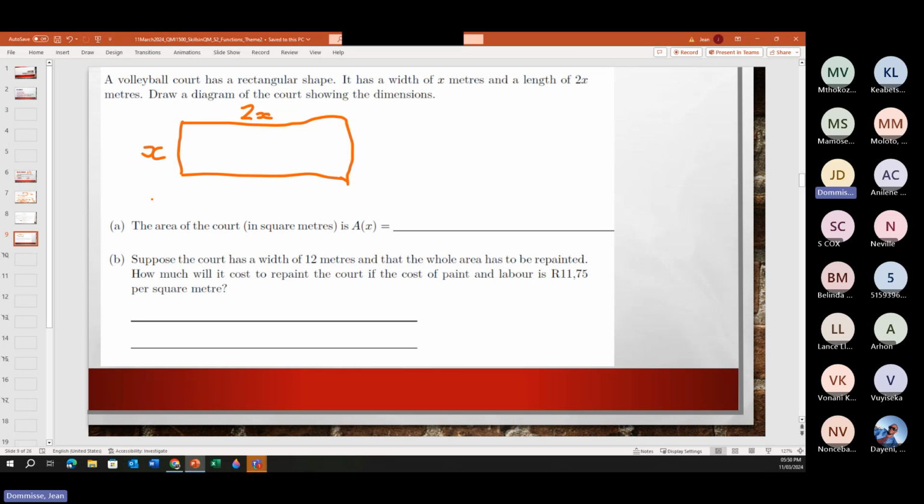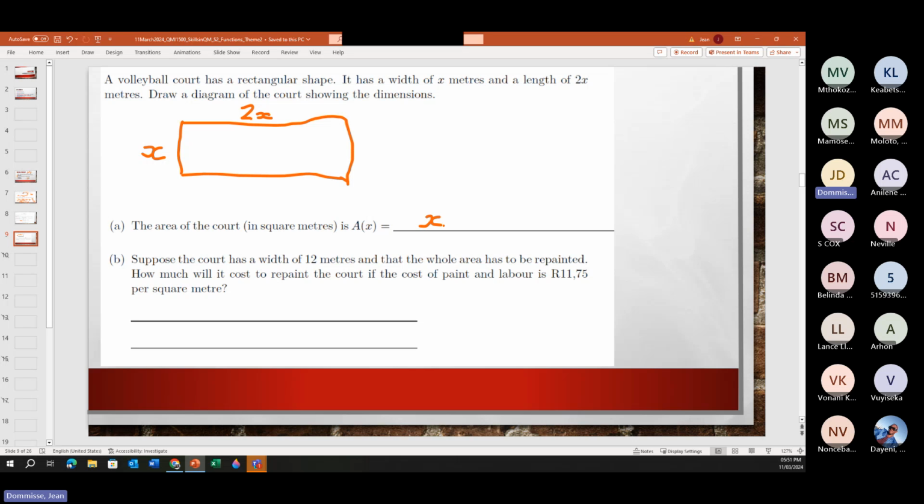In chapter 1, we've looked at formulas for volume, area, and perimeter. Now they ask us, what is the area of a court?